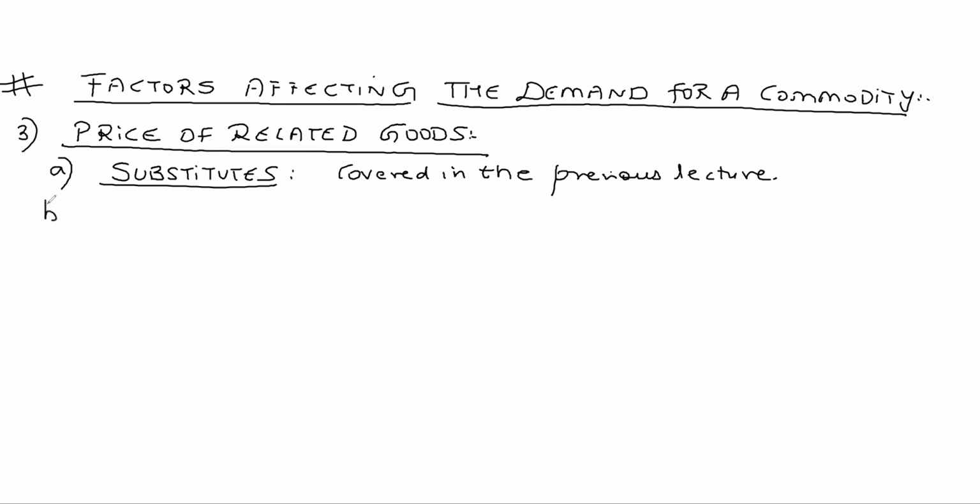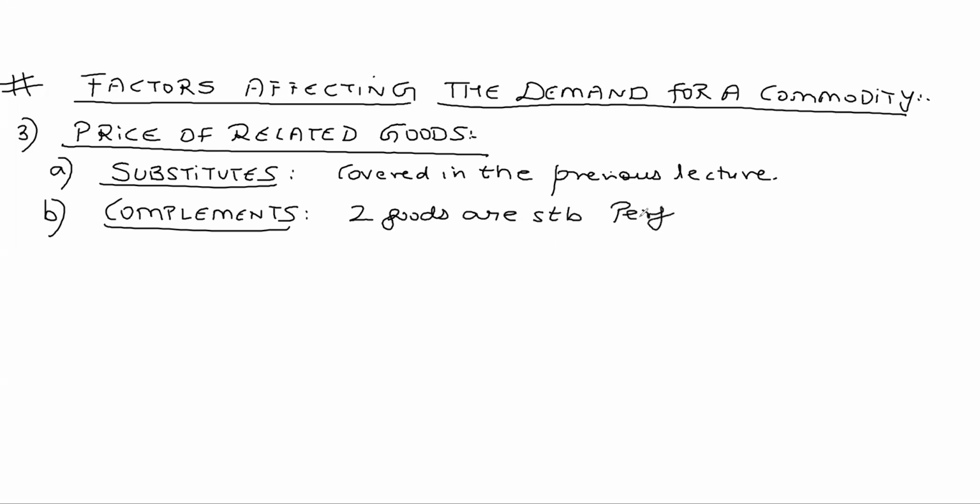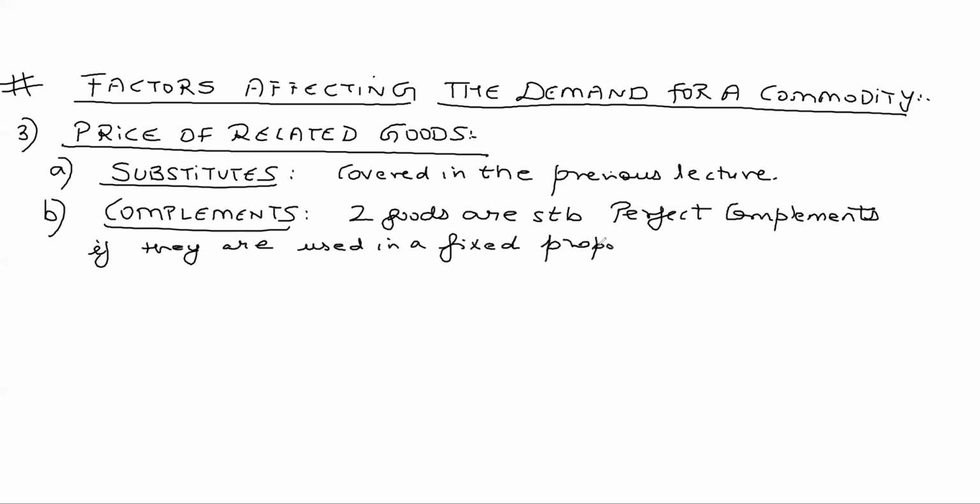Okay, let's talk about complements now. So when are two goods said to be perfect complements? Two goods are said to be perfect complements if they are used in a fixed proportion to satisfy a want.